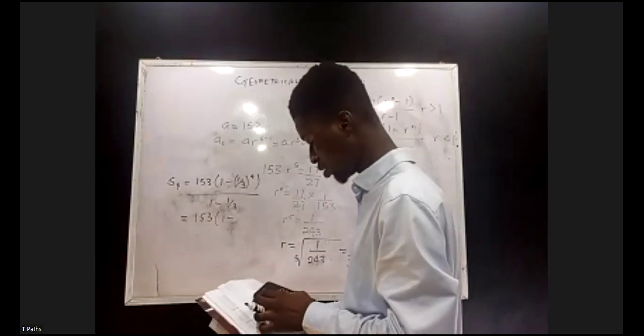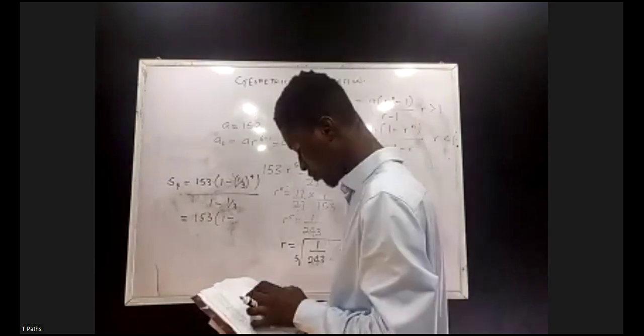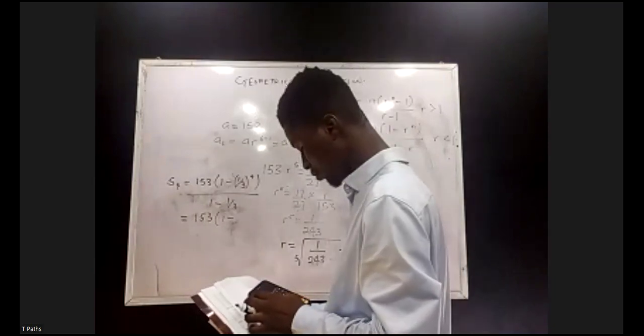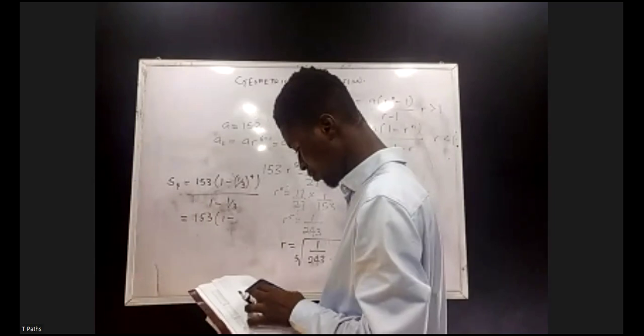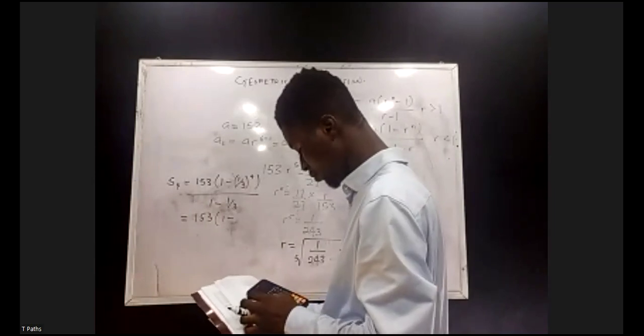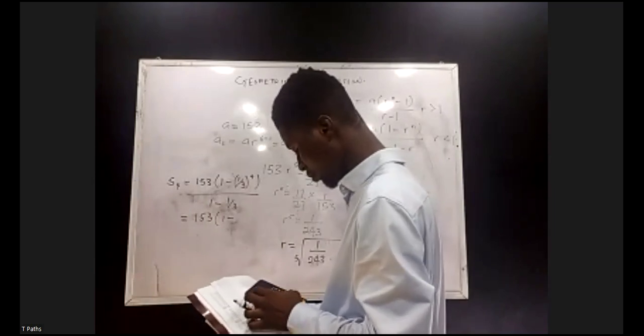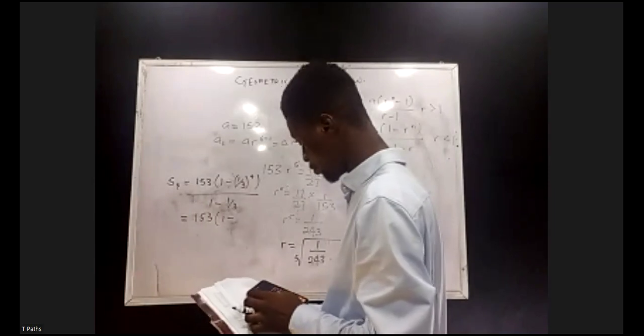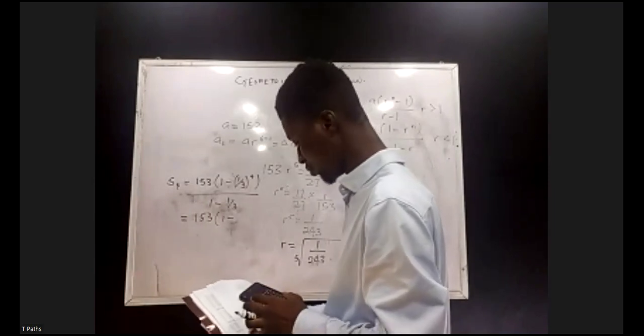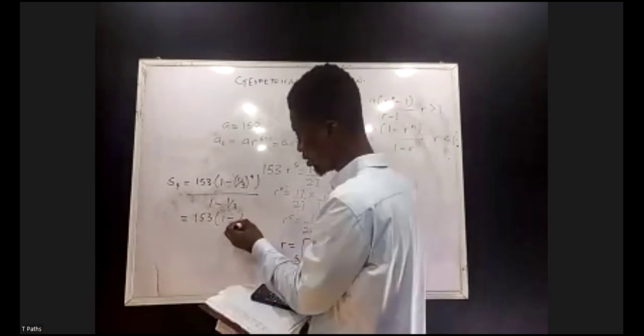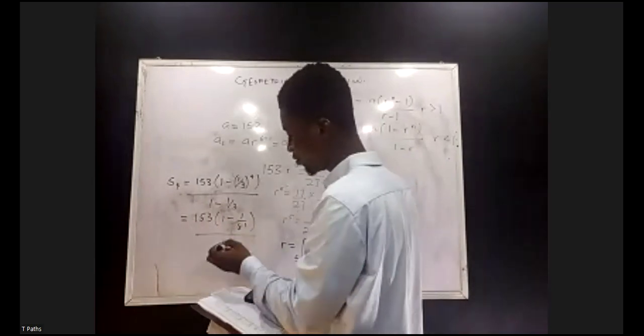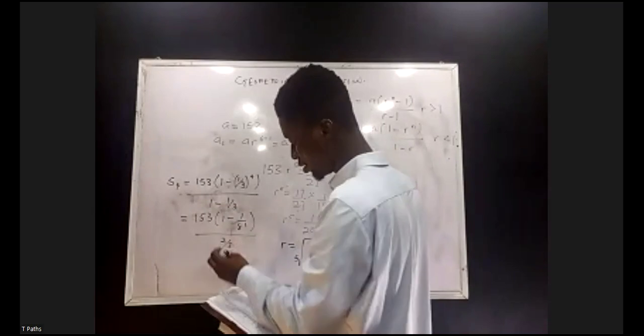So I have 1 minus 1 here, then over 2 over 3.